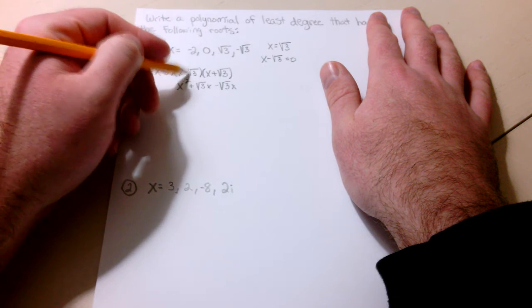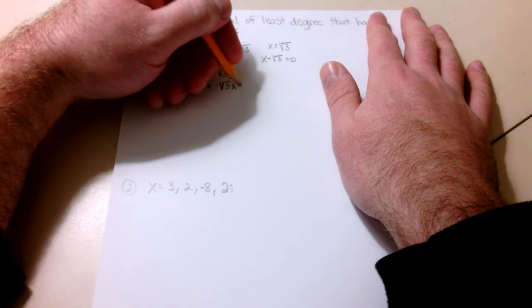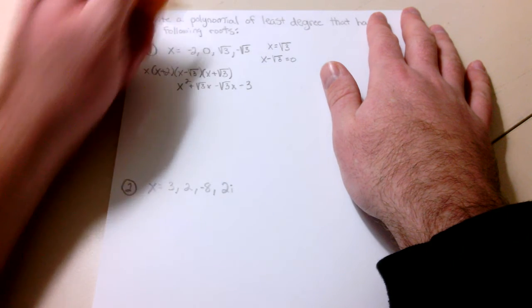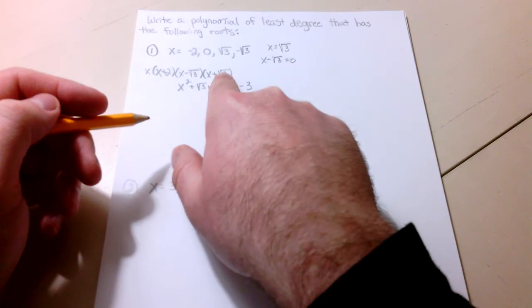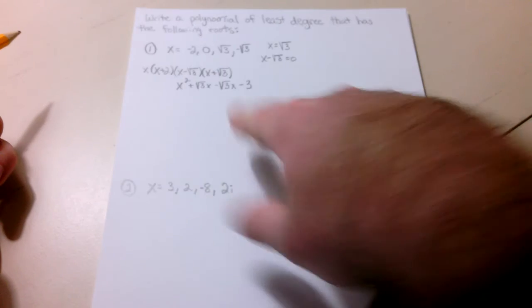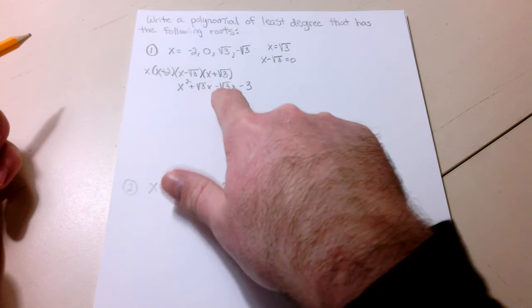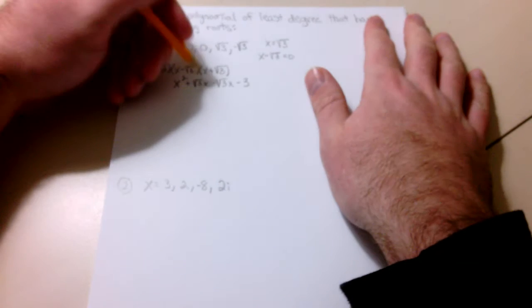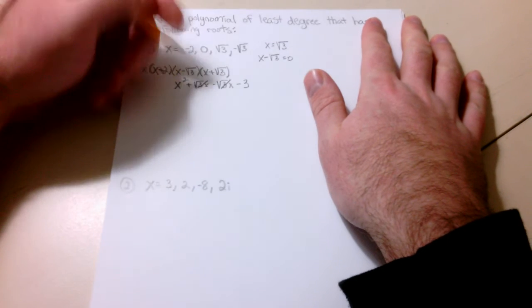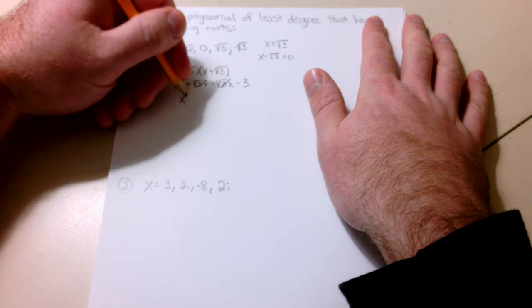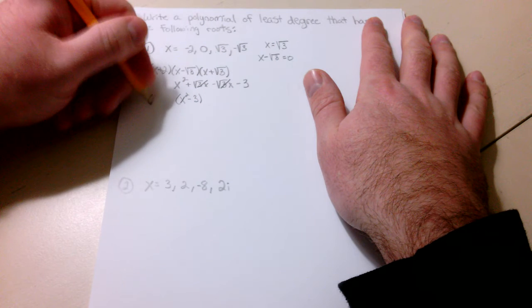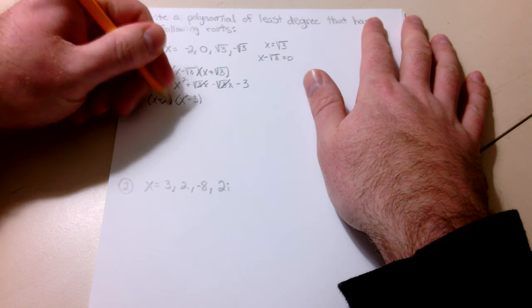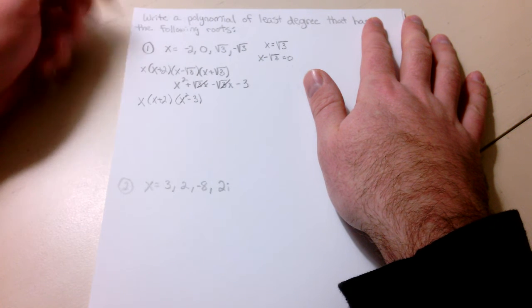And then negative square root of 3 times positive square root of 3 is going to be just negative 3. Square roots cancel out. Whenever you deal with an irrational root, and you will see this with the imaginaries as well, the irrational parts, the square roots here, cancel out. So these two go away. And I'm left with x squared minus 3. And I still have x plus 2. And I still have just a plain old x.